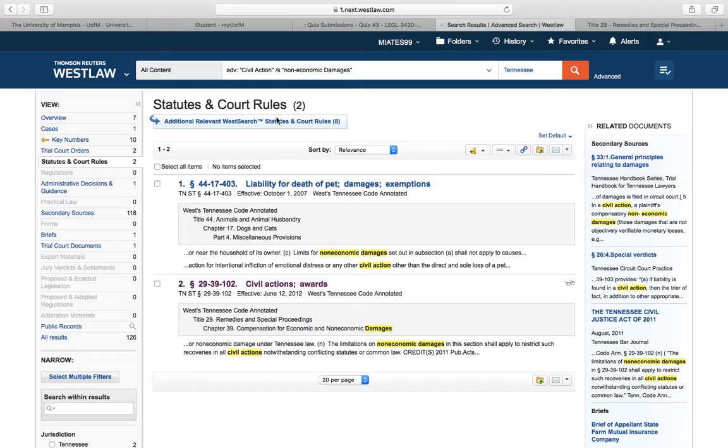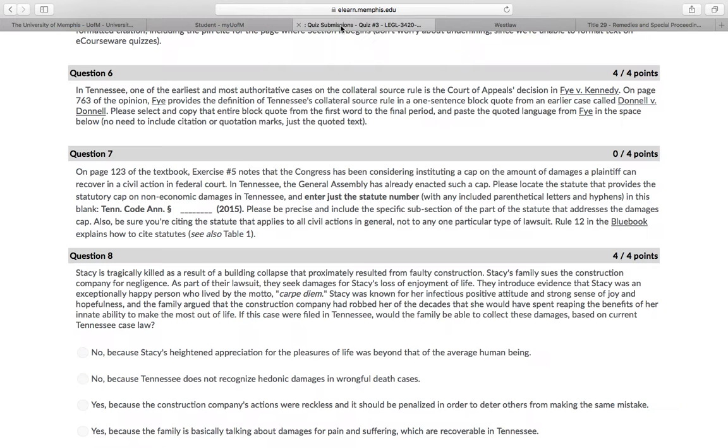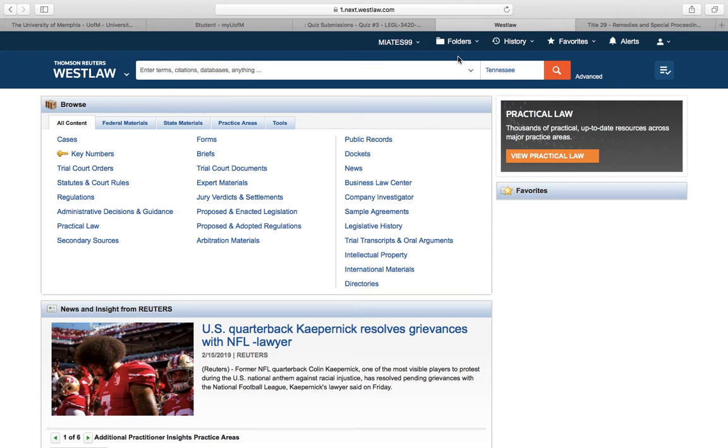If I go into Westlaw, I simply couldn't find this answer. I'm not sure what terms and connectors I used during this quiz, but for now, first I would change my jurisdiction to Tennessee.